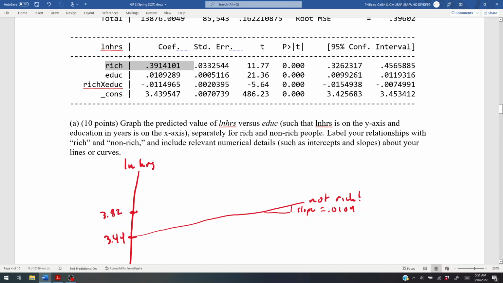Okay, so both of these happen. If I add these together, I get something that's about negative 0.006. Okay, so the marginal effect of education for these rich people is they lose 0.6%.